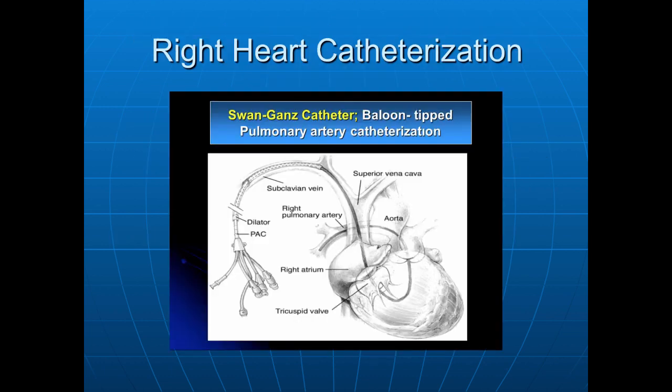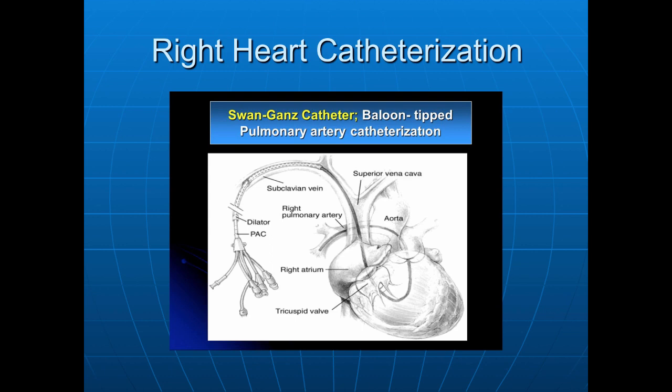Here we have an example of a Swan-Ganz catheter that those two physicians developed, and it does look a little daunting. You have all of these different ports, and basically every one of these ports ends up being a small catheter within a catheter, and the different ports have different exit areas throughout the length of the catheter.